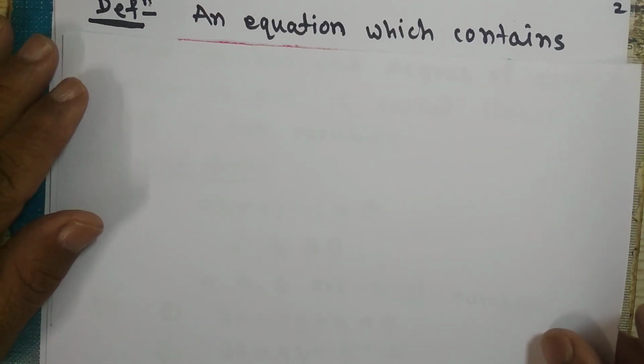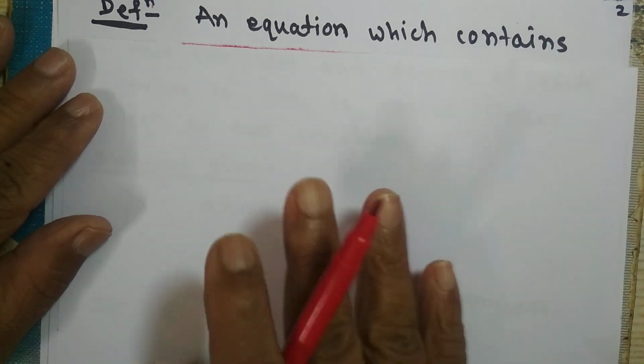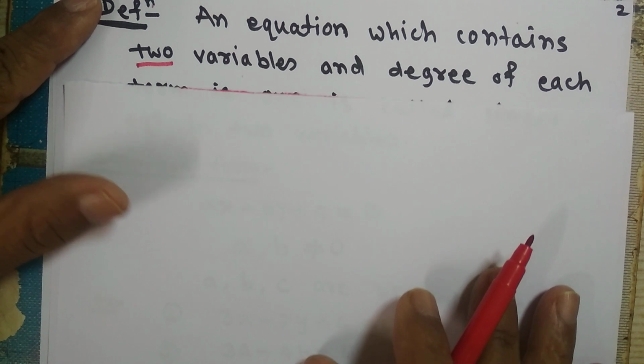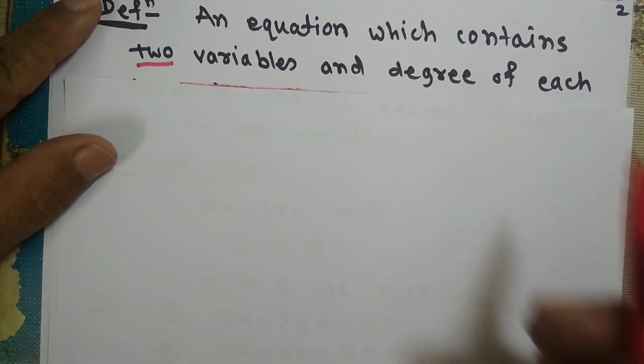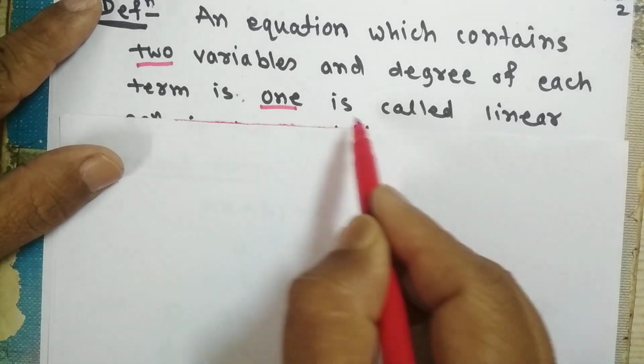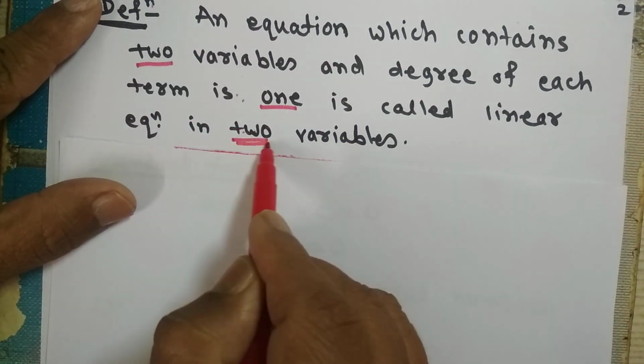Now we have to see the definition of that one. An equation which contains two variables, and degree of each term is 1 is called linear equation in two variables.